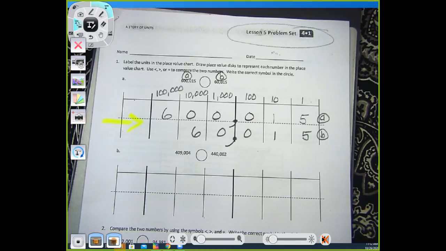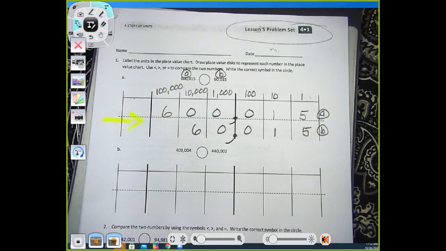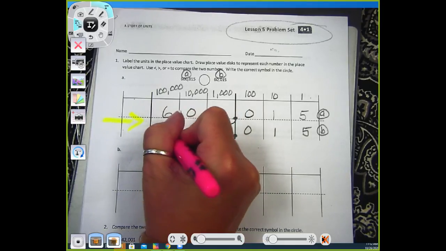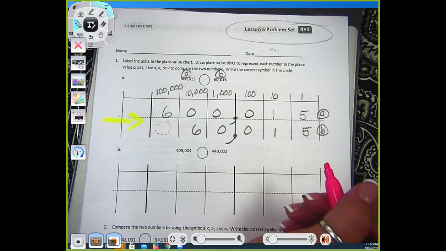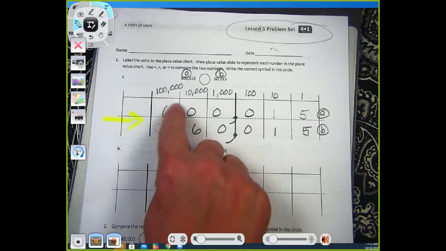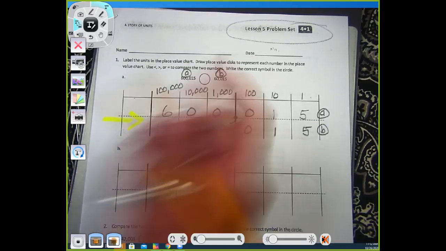What's happening in my 100,000 spot? Well, what number do I have here? 6. What number is here if it's blank? I gave you a little hint. 0. So which is bigger, 6 or 0? 6. Yeah, 6 is bigger.